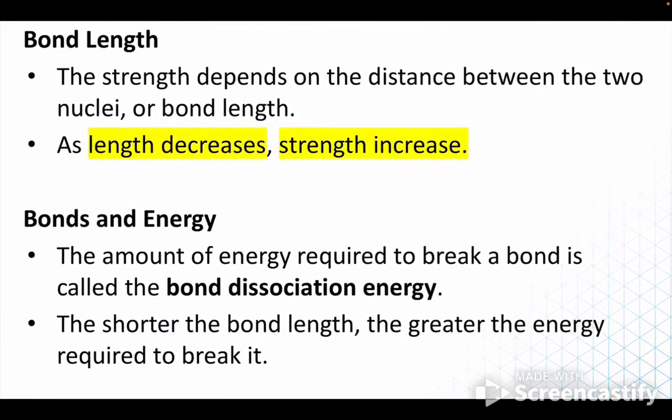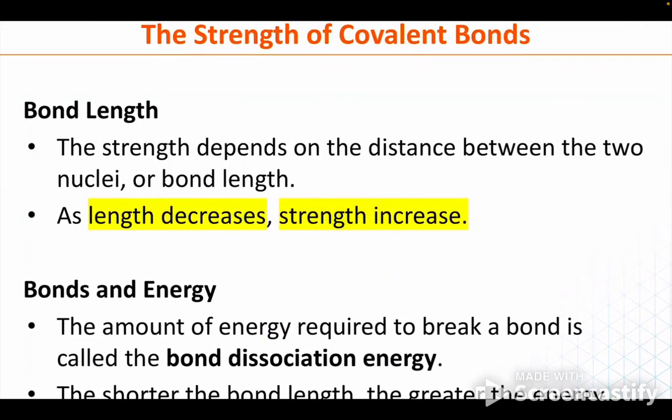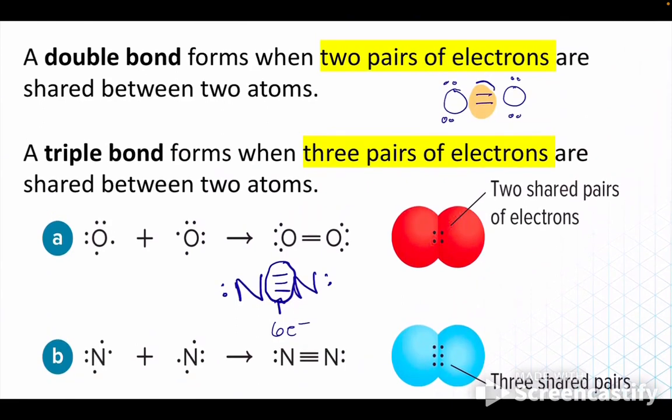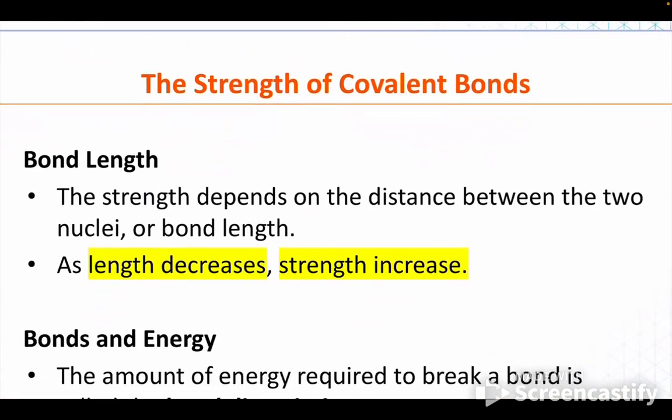So bond length and strength. When you have a multiple bond like that, that bond length is going to be shorter than this double, and then that would be shorter than if we just had a single bond. So the more bonding, the shorter the distance between the elements, the more tightly held together they are.